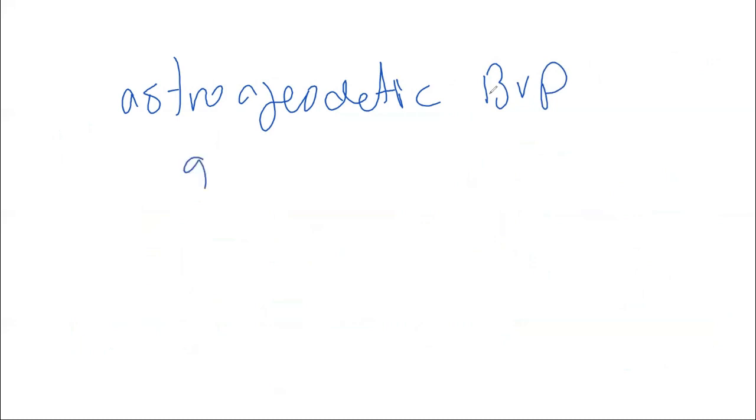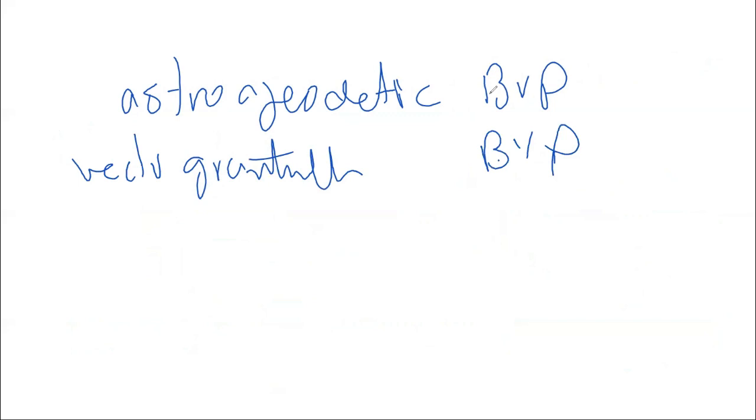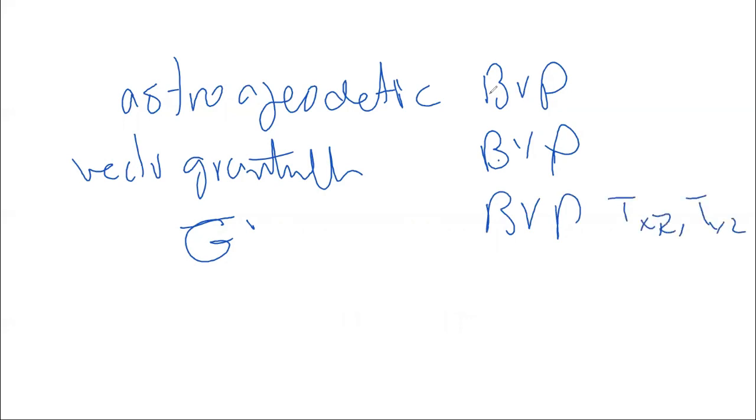Here, gravimetric, vector gravimetric BVP, and gradiometric BVP that we have had, TXZ, TYZ. Here we had TX, TY, and here we have also the derivative of the geoid, actually geoid with respect to X and Y, or phi and lambda.